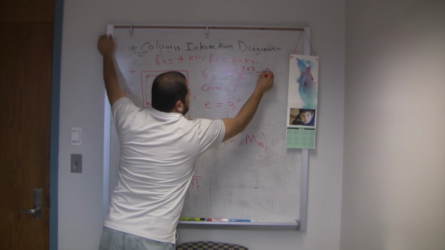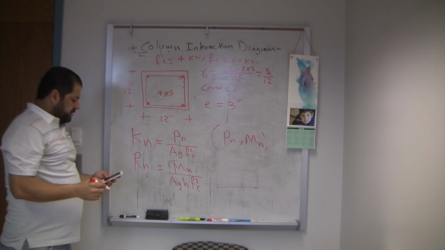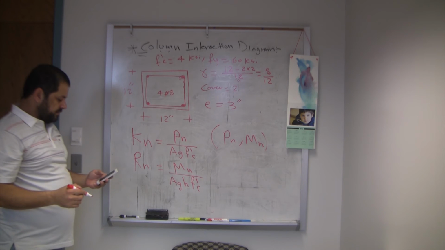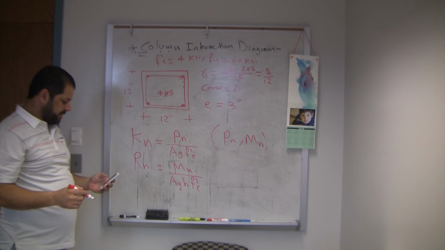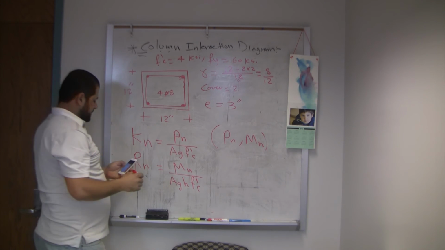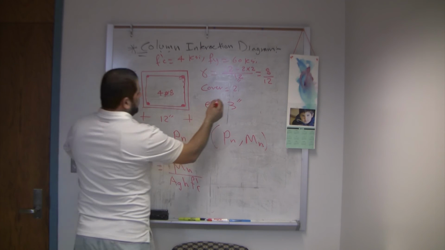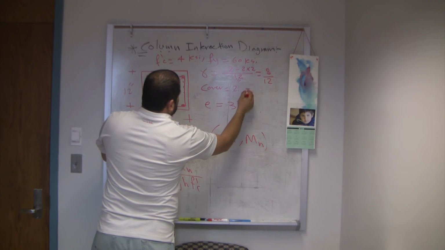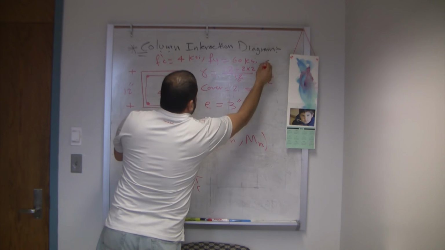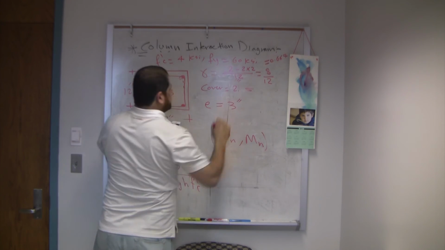This is 8 over 12, which is 0.667 or 0.67.